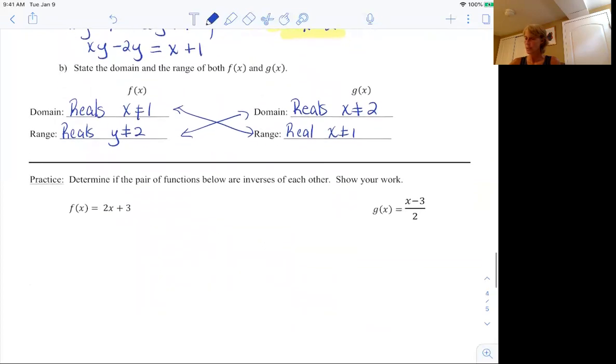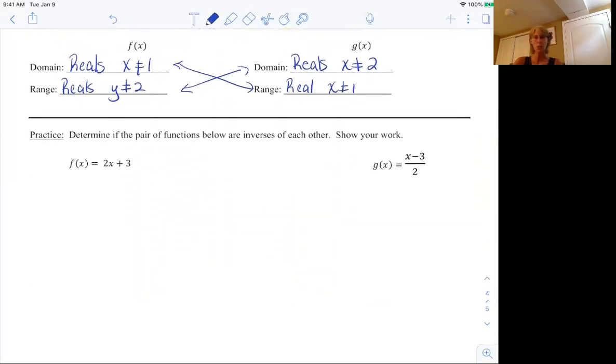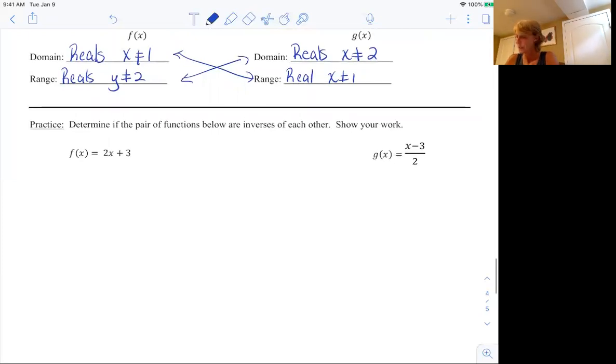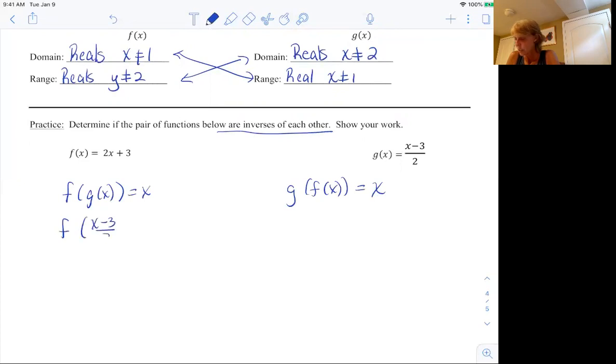Let's look at one more example here. Determine if the pair of functions below are inverses of each other and show your work. Oh, this is actually the example from above, but it doesn't matter. To show they're inverses of each other, we want to show that f of g of x equals x. Then we want to show that g of f of x equals x. I could change numbers, but it doesn't really matter. We're going to plug g of x into f of x.